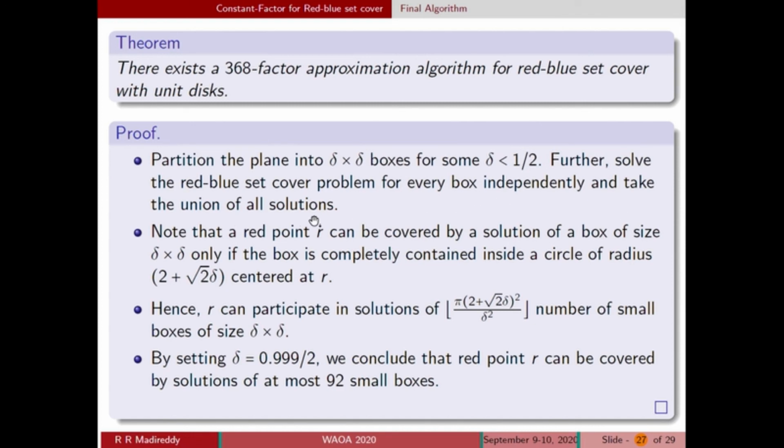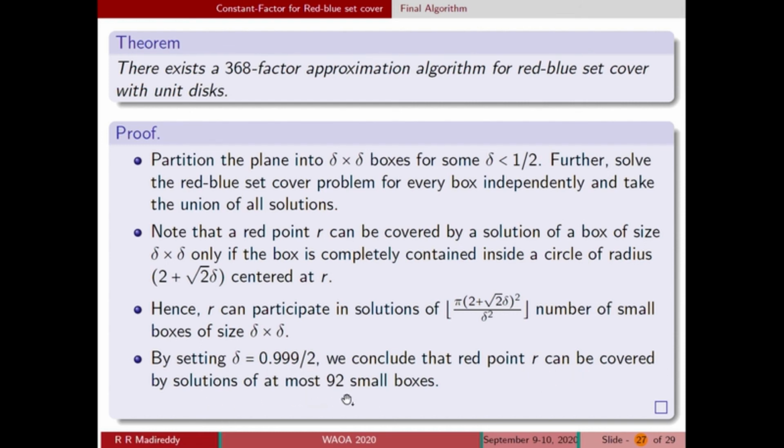One can note that a red point R can be covered by solutions of a box of size delta cross delta only if the box is completely contained inside a circle of radius 2 plus square root of delta centered at R. So by calculating for a small delta equal to 0.999/2, we can conclude that R can be covered by solutions of at most 92 small boxes.